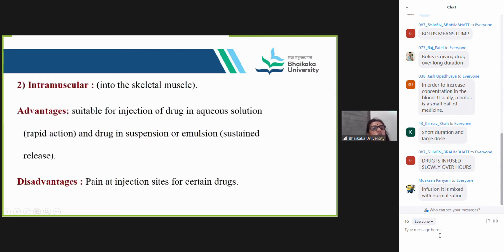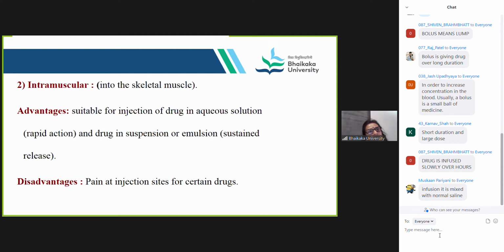Coming to the other route, intramuscular. You will discuss that in detail also, but here the advantage could be rapid action, and the drug can be given as a suspension or emulsion.